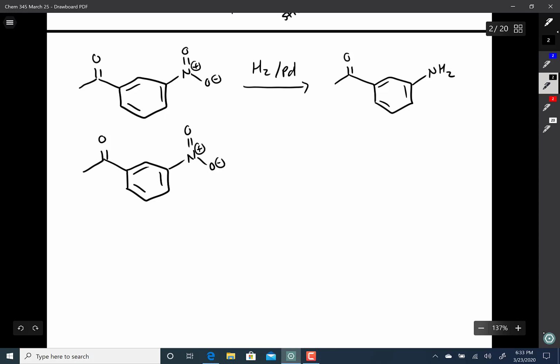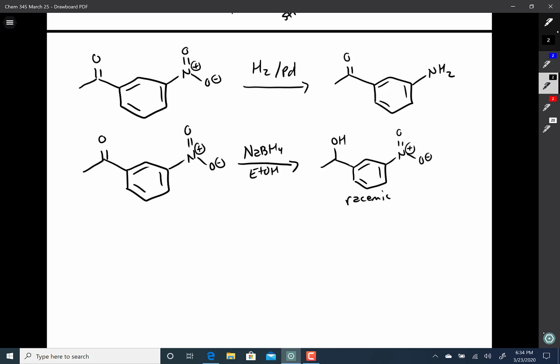Now, if you do this with a hydride source, such as sodium borohydride, you can selectively reduce a ketone in the presence of a nitro group.